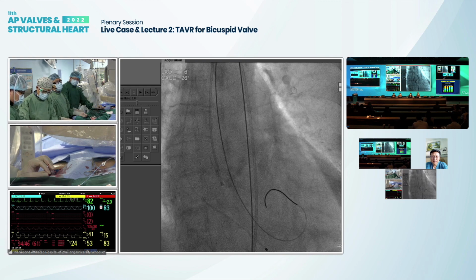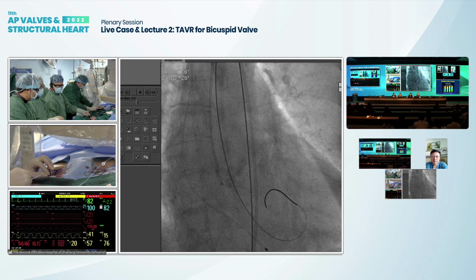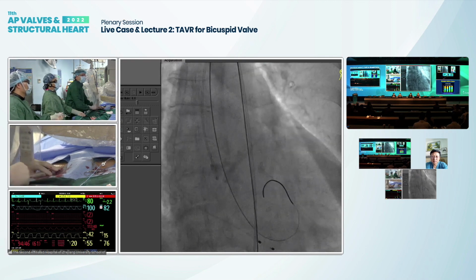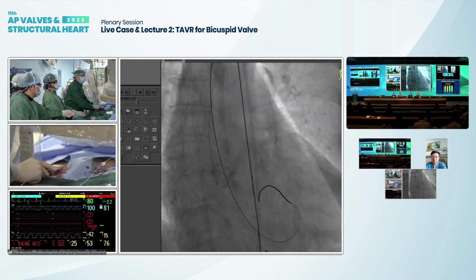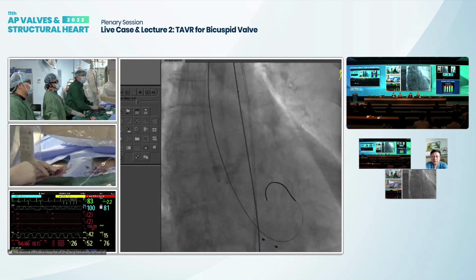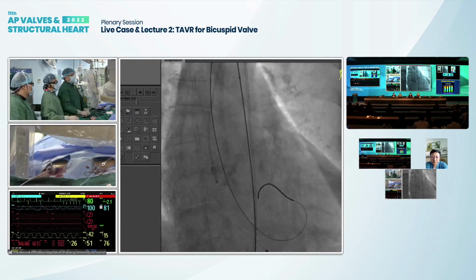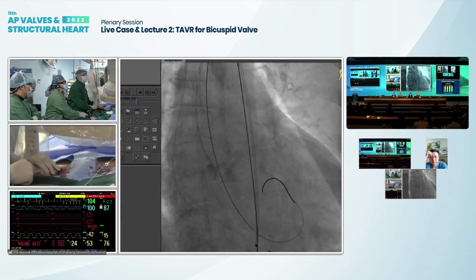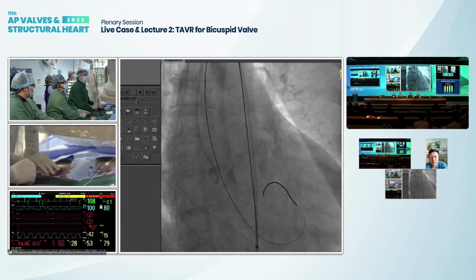Regarding this kind of patient, it is very important that we evaluate the size of the supra-annular structure. The balloon expandable device is quite short, so for some patients, the device may not cover the supra-annular leaflet enough.